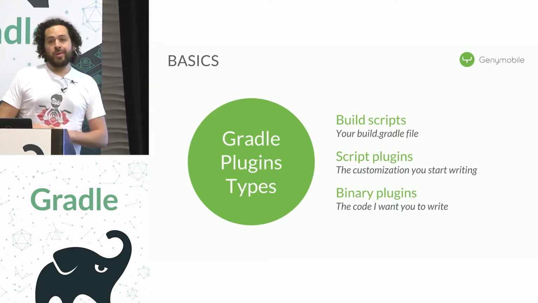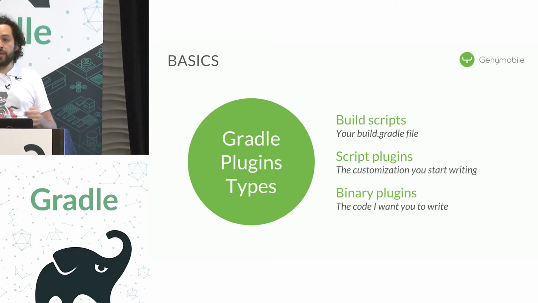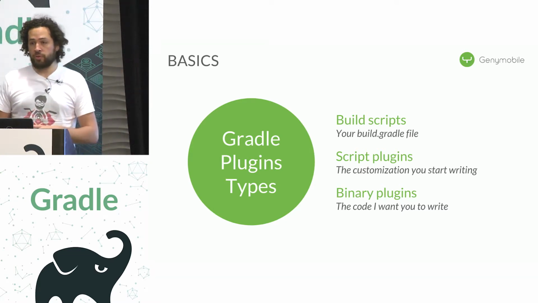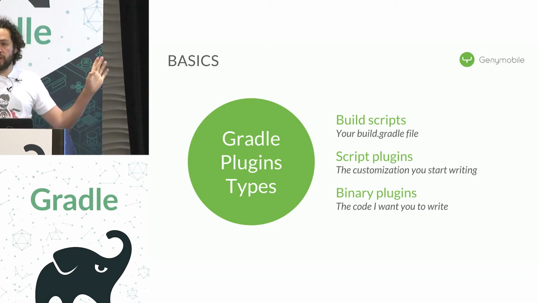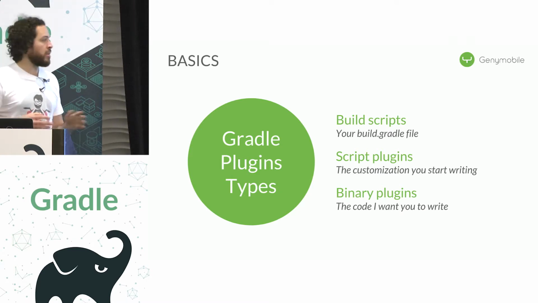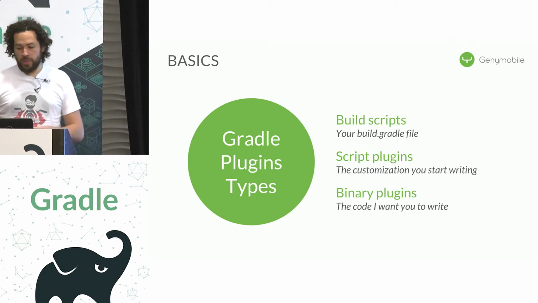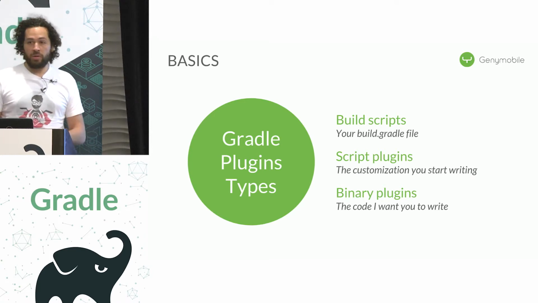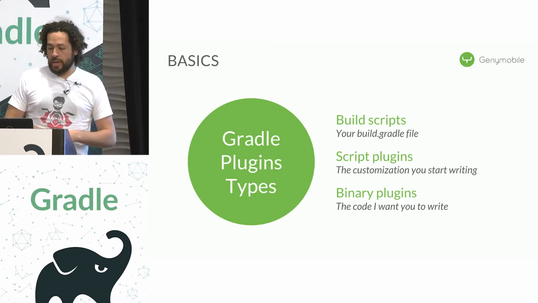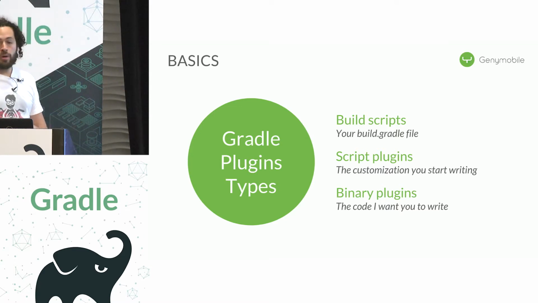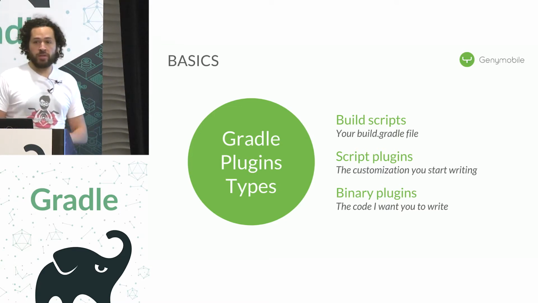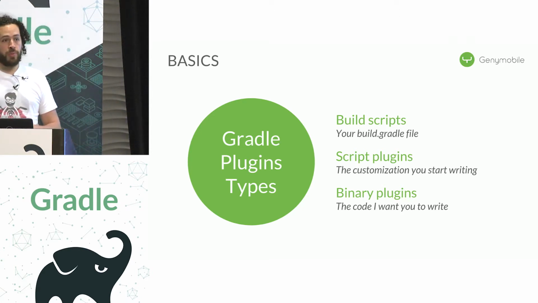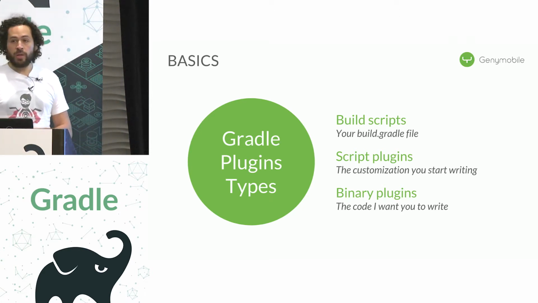This is the Gradle plugin API that you put in your .gradle files. But we won't talk about that because it's not that clean, in my opinion, and it's not the thing we really want to release to our friends or users. What we will talk about is more binary plugins. It's a Gradle plugin that you will bundle into a jar and put on a repository to make people download and use it.